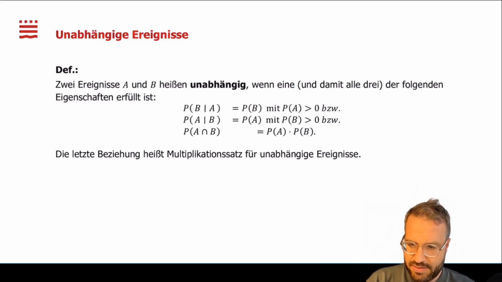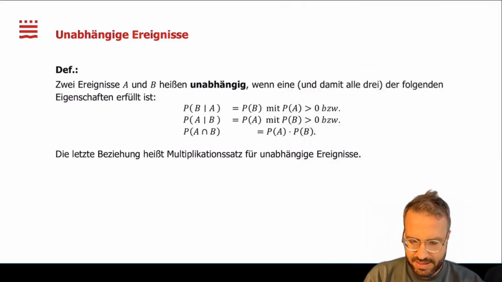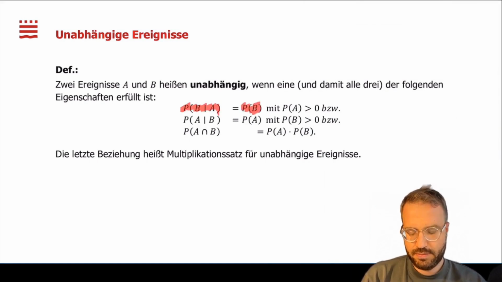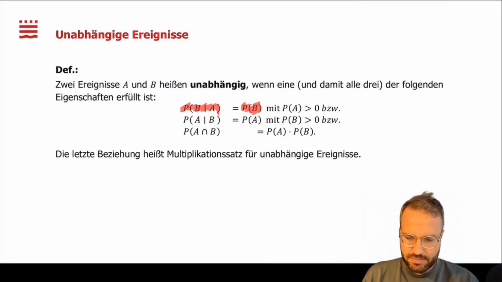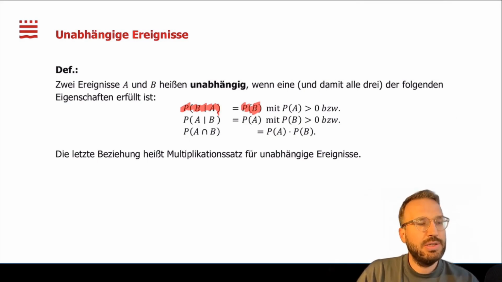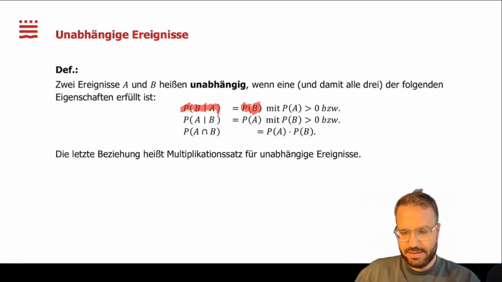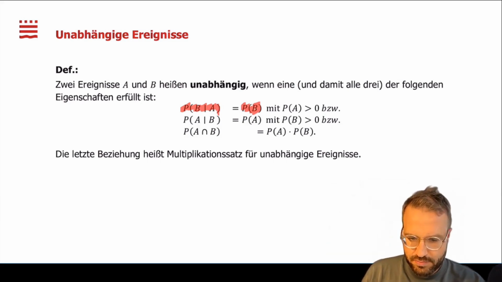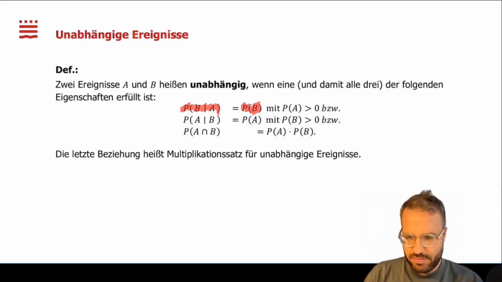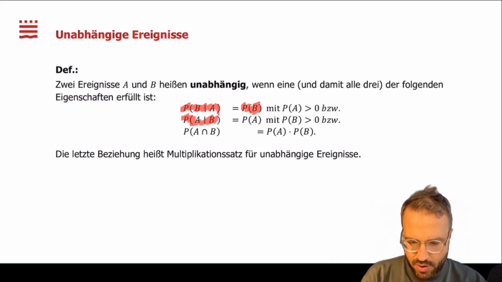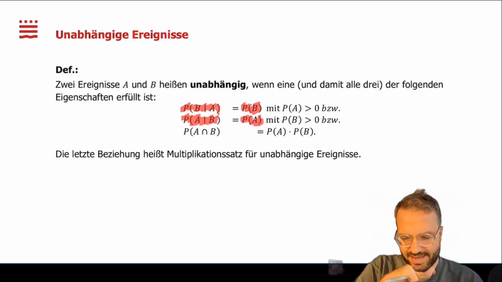Let's first examine the first condition: P(B) under condition A is equal to P(B). Why does that make sense? The probability of B should not depend on event A. That means P(B) is also equal to P(B) under condition A, so condition A does not matter. And we can ask the same thing in reverse, namely P(A) under condition B, only with the roles of A and B swapped.